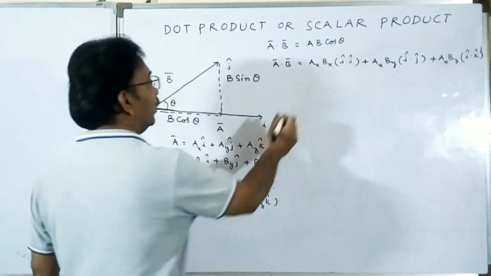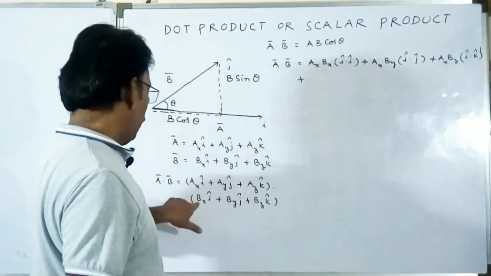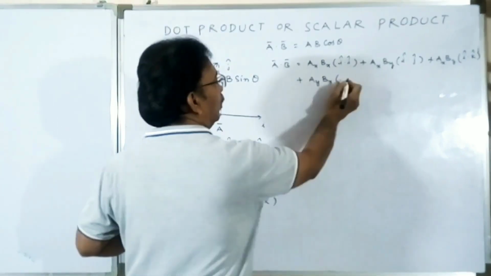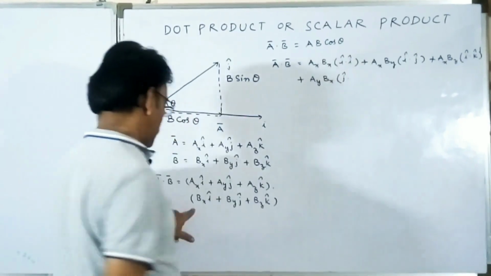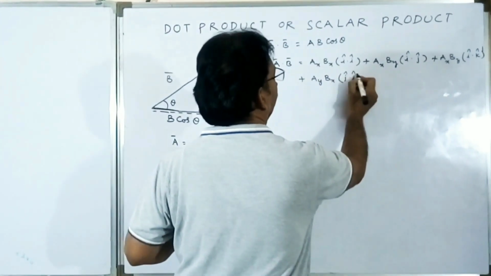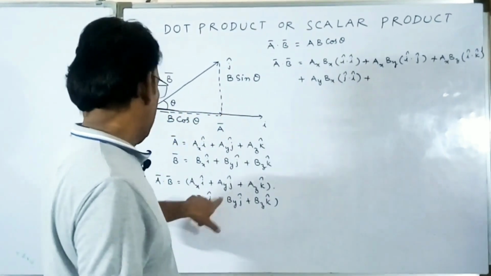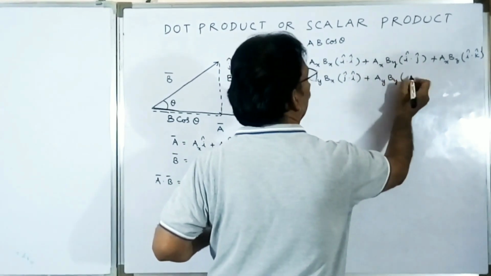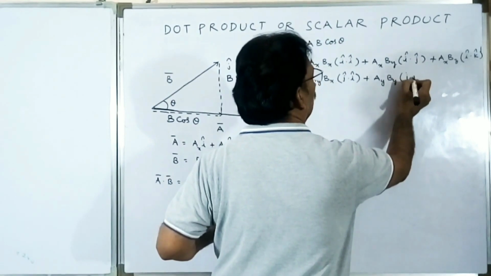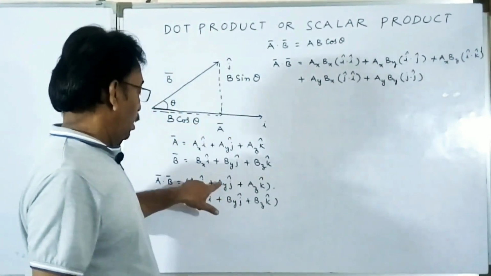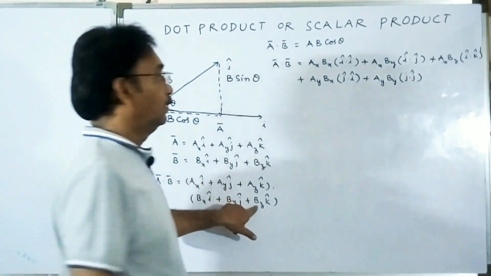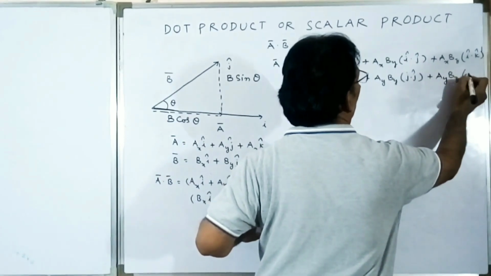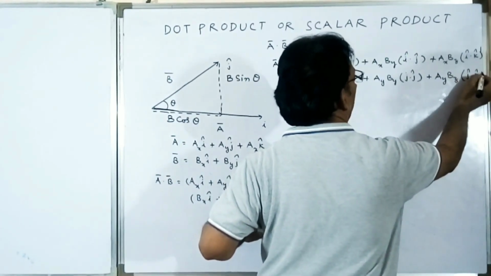We complete the first term. Then plus AyBx, j cap dot i cap, plus AyBy, j cap dot j cap, plus AyBz, j cap dot k cap.